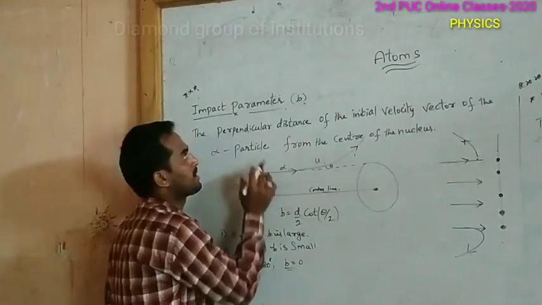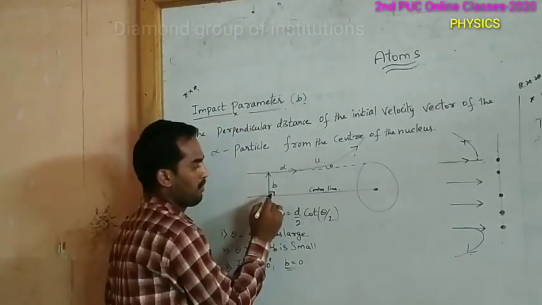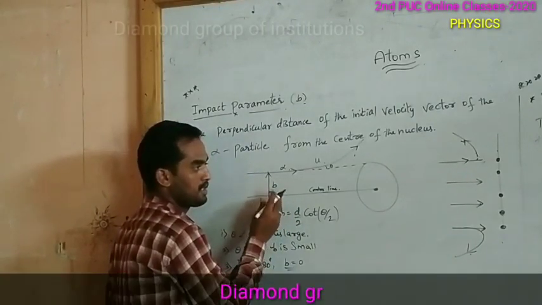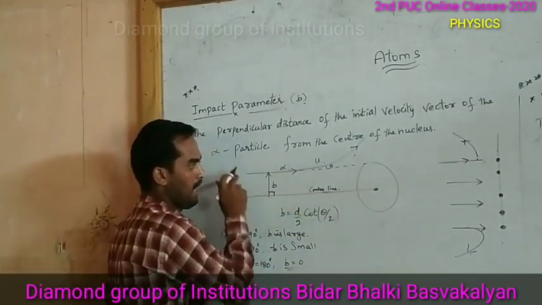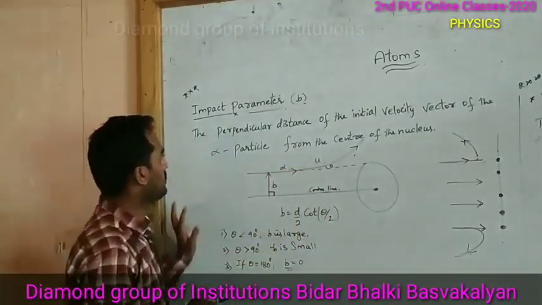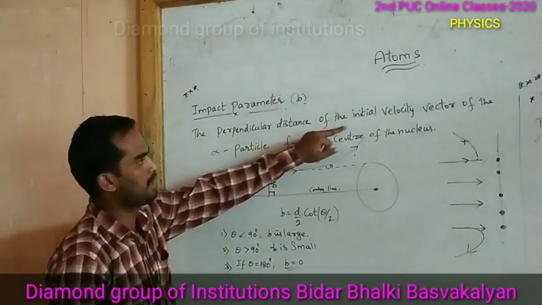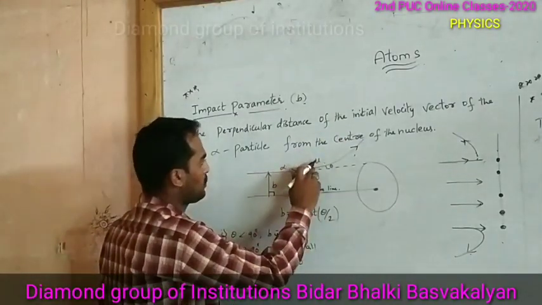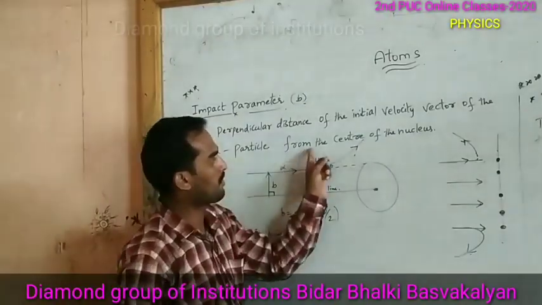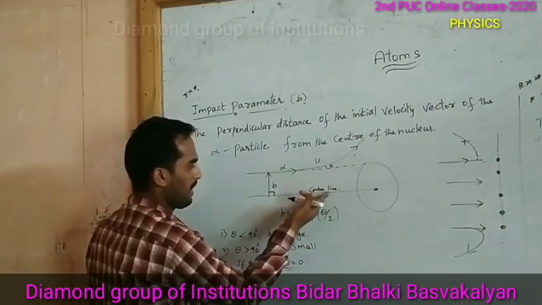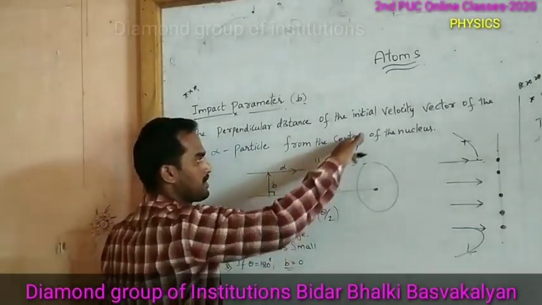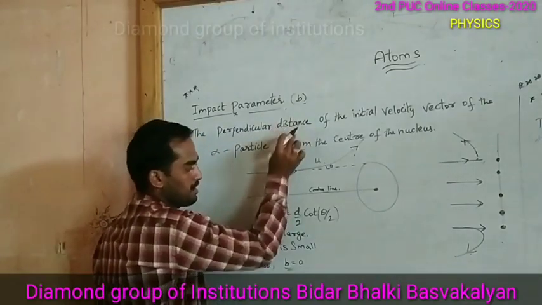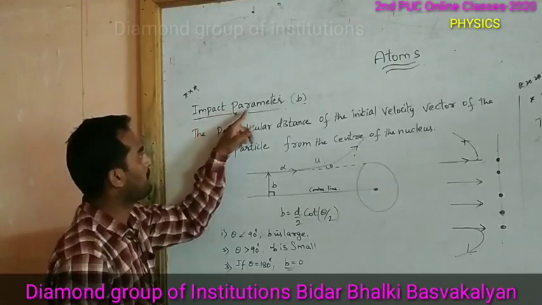That perpendicular distance is called what? Impact parameter. It is the perpendicular distance between the center of the nucleus and the path of the alpha particle. See the definition: the perpendicular distance of the initial velocity vector of the alpha particle from the center of the nucleus. That distance is called the impact parameter.